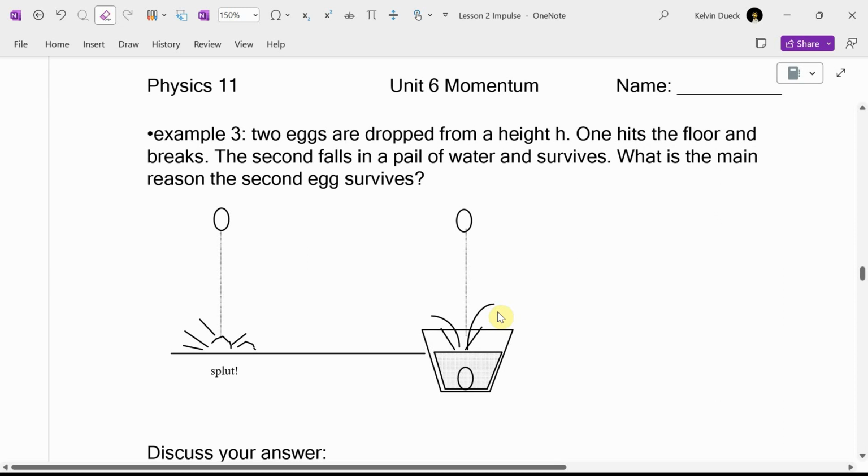I'm not going to do the experiment because I don't want to break eggs and waste them, but we're going to use our imagination. If I have two identical mass eggs and I raise them to the same height and I drop one on cement and one in a pail of water, how come the one that lands in the pail of water survives? And how come the one that lands on the cement breaks?